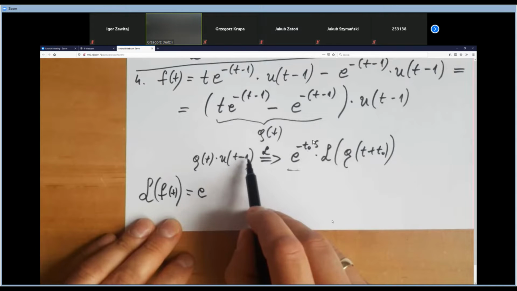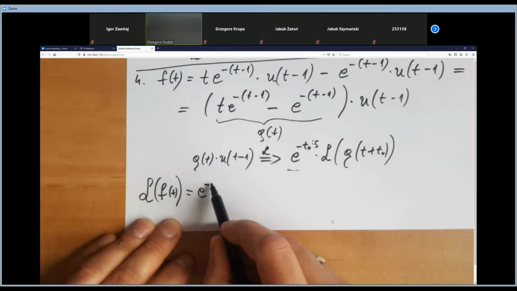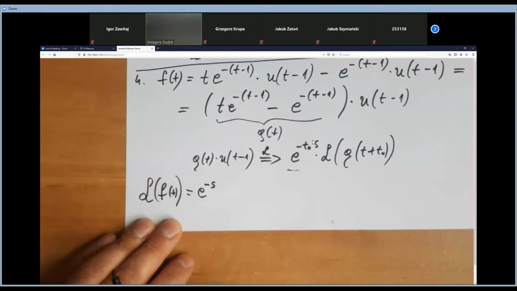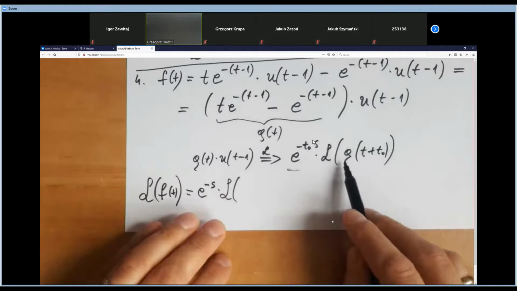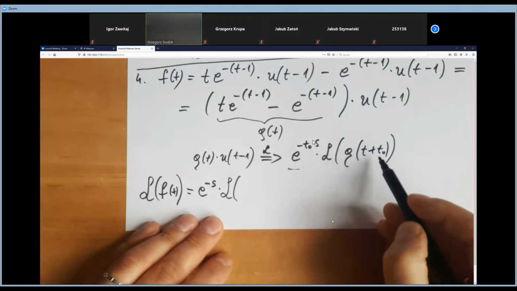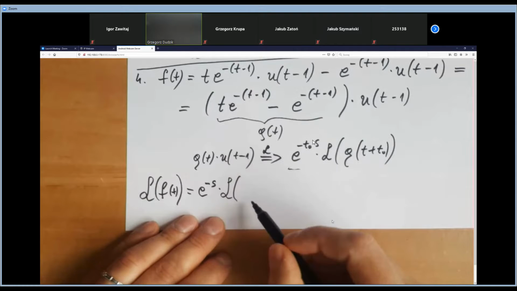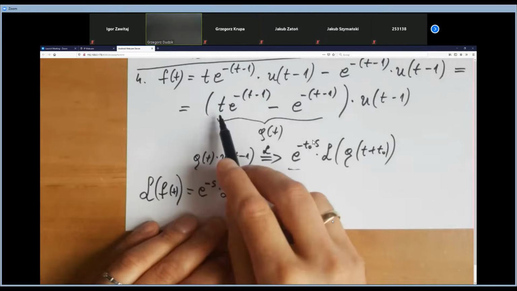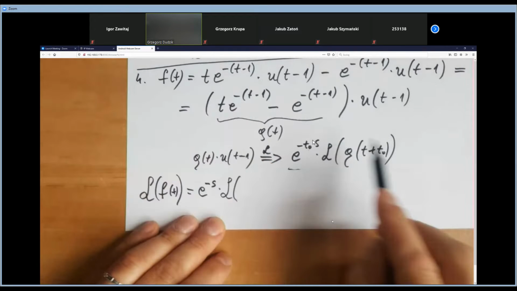It is 1. So it is e to the power of minus 1 times s, so e to the minus s times the Laplace transform of the g(t) function, where t is substituted by t plus t0. So let's substitute it. This is our g(t) function, so let's substitute t plus 1.